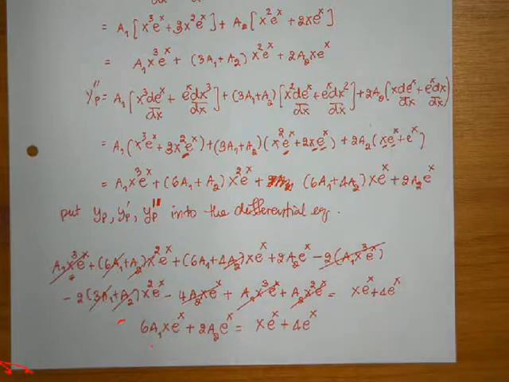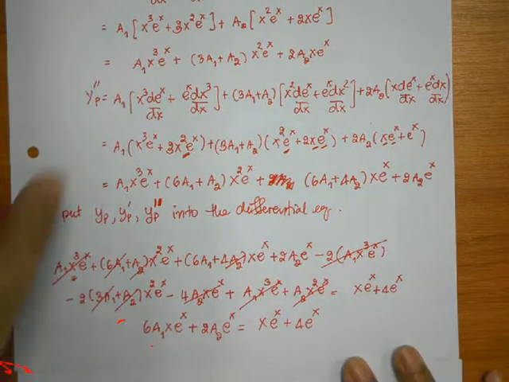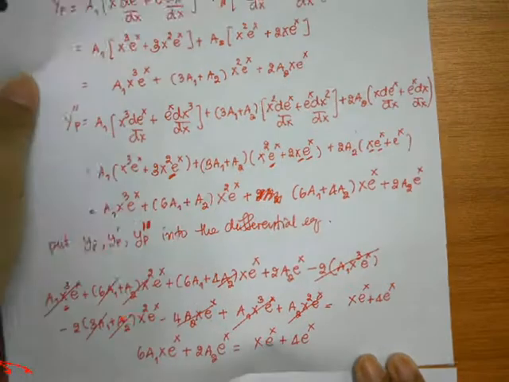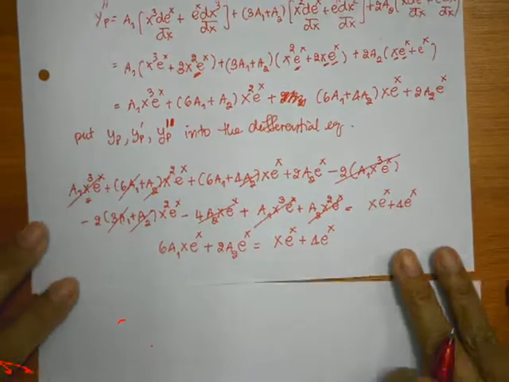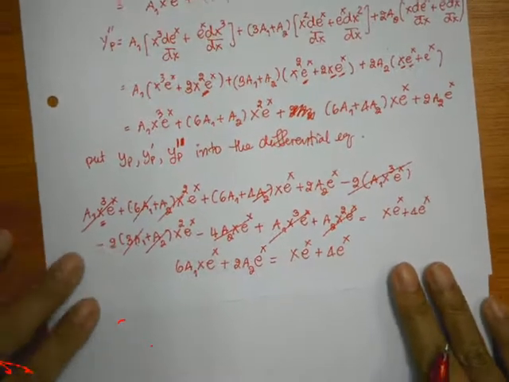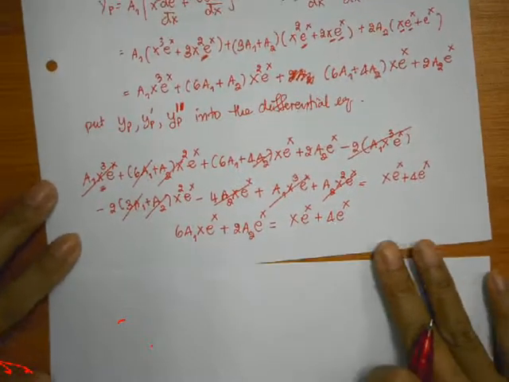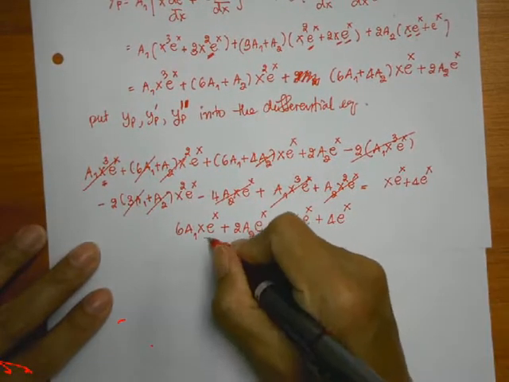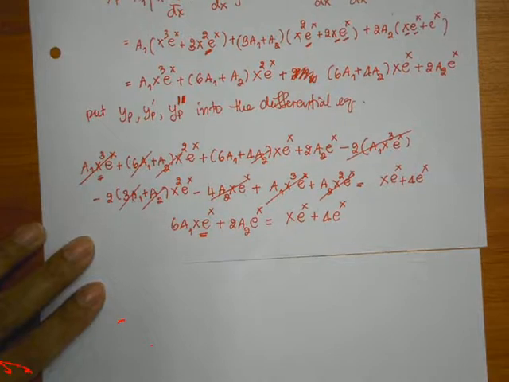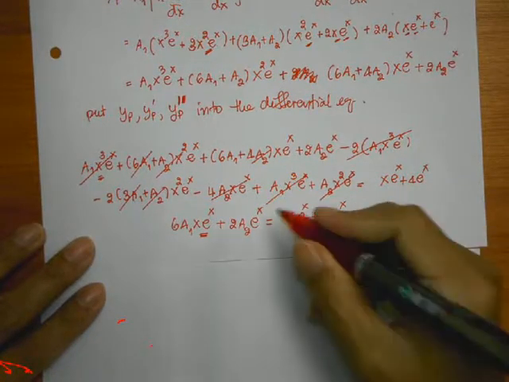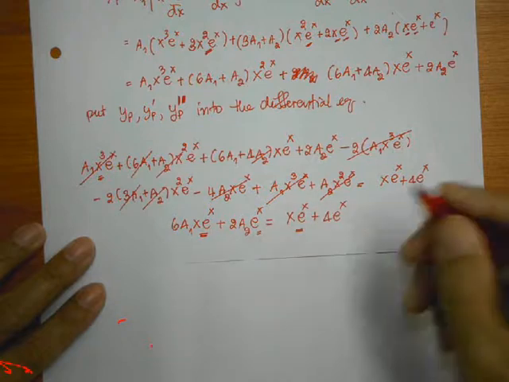And next, since you have only two terms left, we are going to compare the coefficients of both sides. Right now we have the first function, x times exponential of x, on the right hand side and on the left hand side, and the other function is exponential of x.